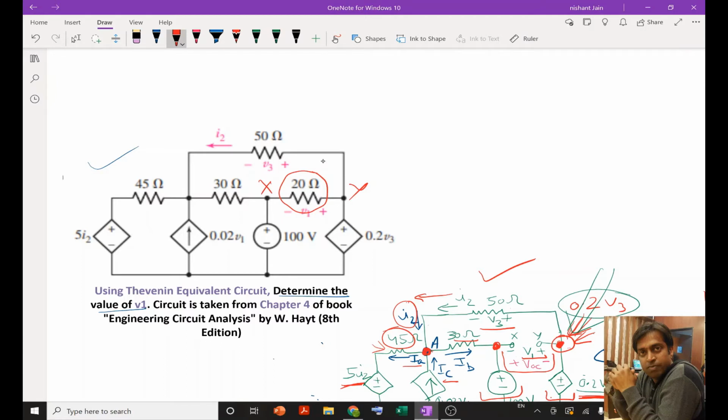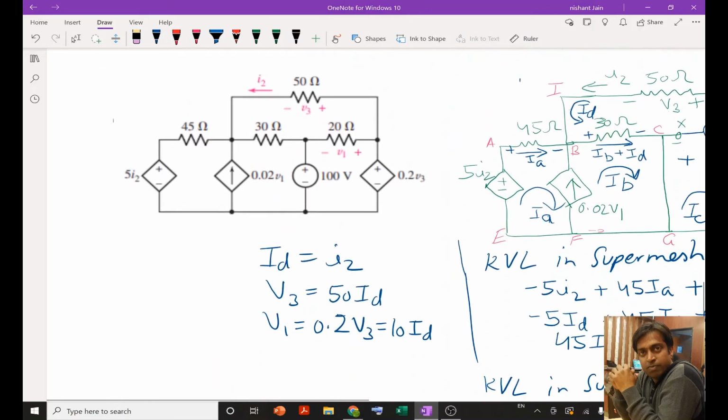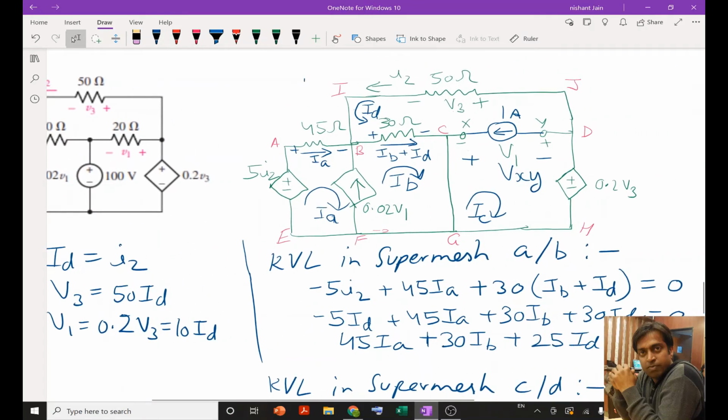Okay, so means this voltage source, it will be short circuited. This and all the remaining sources, they are the dependent one, so we cannot do any change in them. So whenever we have the dependent source, one way to get the value of RTH is to apply a source of 1 ampere.